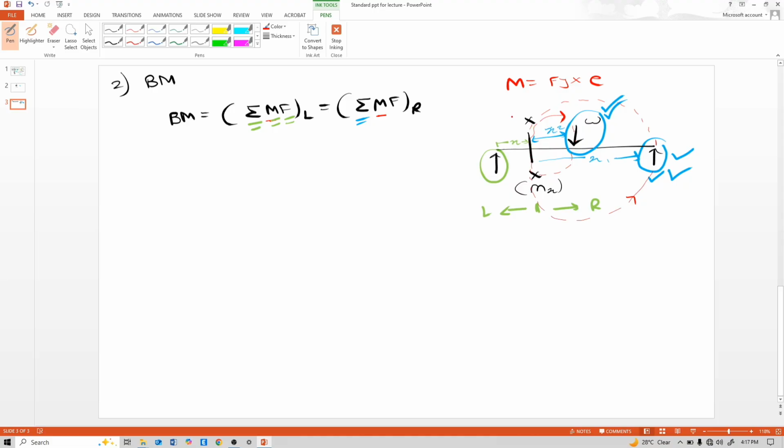So see, sign convention. First sign convention is sagging bending moment sign convention.